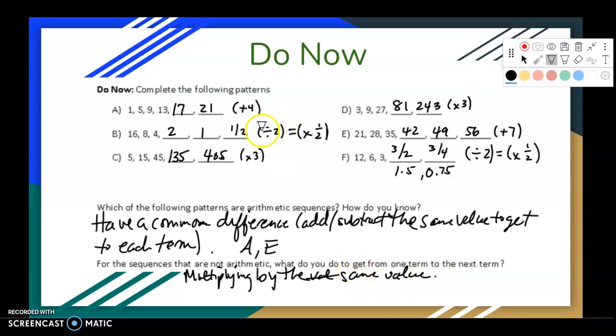Now again, I understand that you may have done this by dividing by 2, and that's okay. But you have to understand that dividing by 2 is the same as multiplying by 1/2. Because what we'll see on the next slide is when we talk about geometric sequences, we talk about multiplication, not division. All right, so let's continue on.